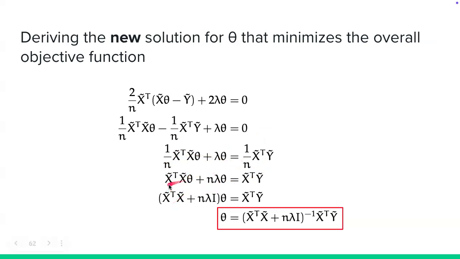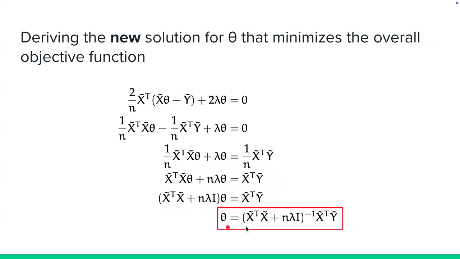And then we take theta common from these two terms. And so because n lambda is just a constant, when you take theta common, you need the identity matrix. And then we take the inverse on both sides, very similar to dividing both sides by this term.